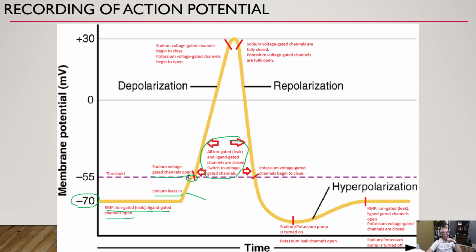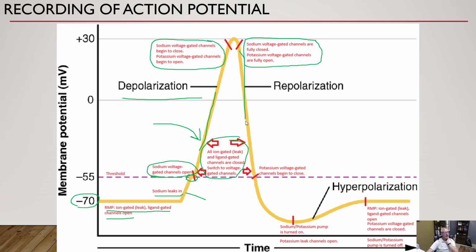Here our sodium voltage-gated channels are going to open up. Sodium rushes into the cell, and we go through this phase called depolarization. Then once we reach the peak, sodium voltage-gated channels start to close and our potassium voltage-gated channels start to open. Then our sodium voltage-gated channels are fully closed and our potassium voltage-gated channels are fully open.